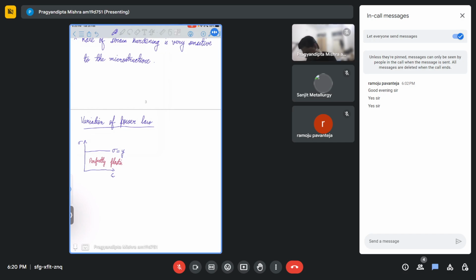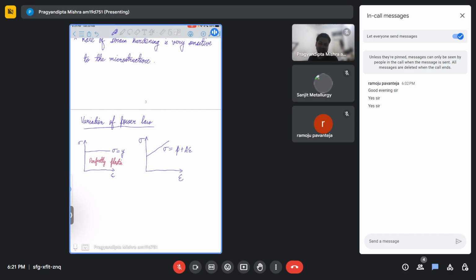Now another case could be where your stress and strain are related linearly. So you might have something like this, in which case your sigma is equal to p plus a times epsilon.